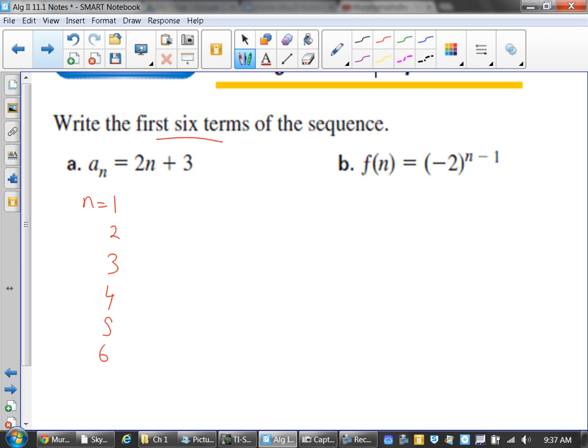That's not going to be so bad with this first one. 2 times 1 plus 3, 2 times 2 plus 3, and so on. You could probably do all of that in your head. So you get 5, 7, 9, 11, 13, 15.